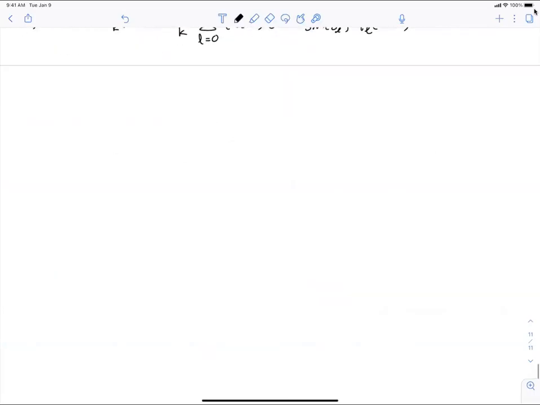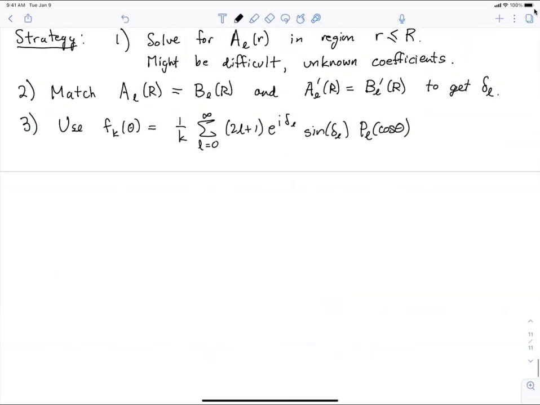And so it's best to do an example or two. So we will do the simplest possible example. And the simplest possible example is hard sphere scattering, which we already did classically. And so we're going to do it quantum mechanically and see if we get the same answer.